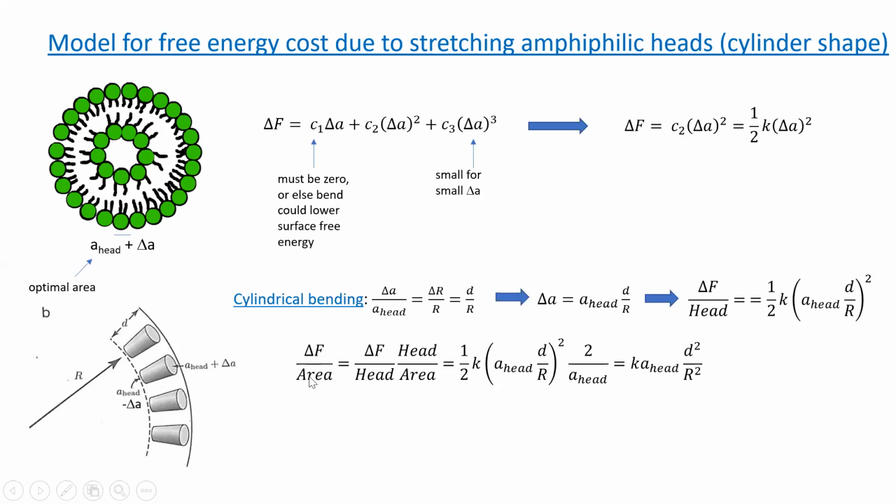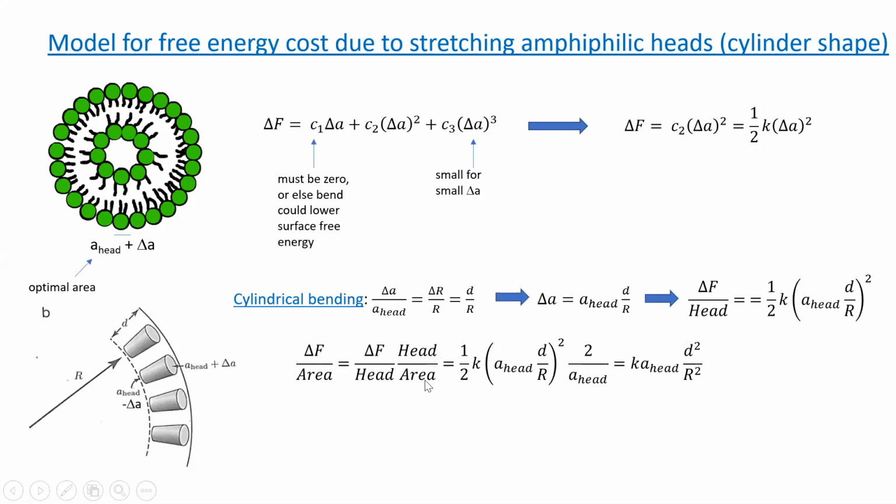So the change in free energy per area can be written as the change in free energy per head, which we just calculated, times the number of heads per area. Well, I've just substituted back in the change in free energy per head.